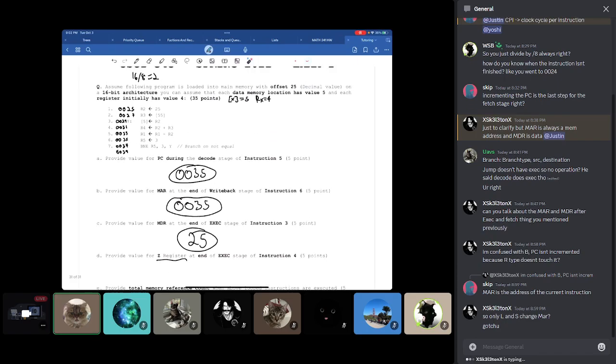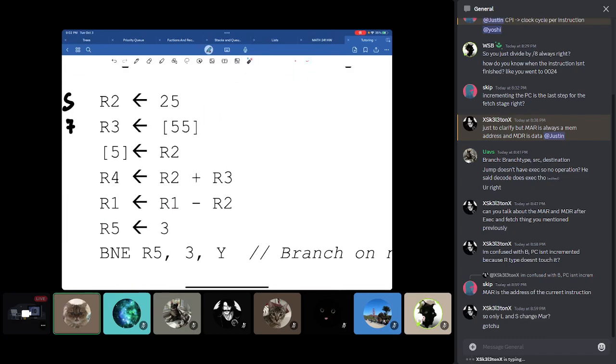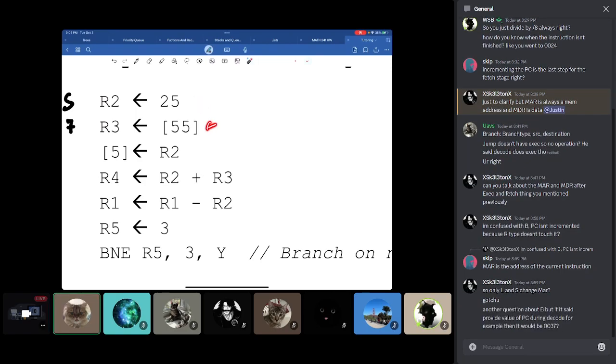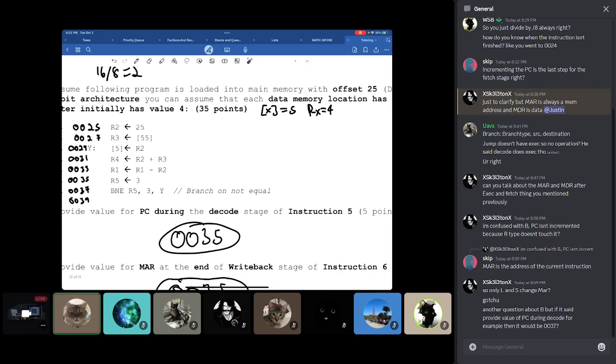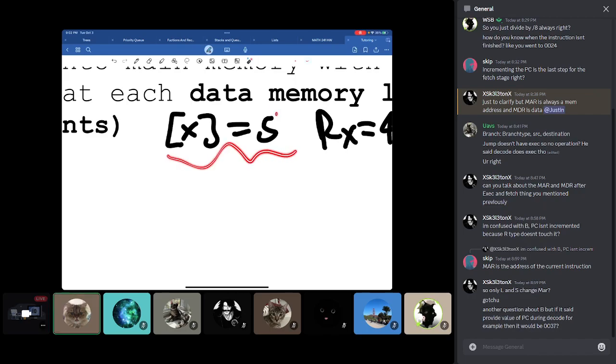So from that, we know that if we go to instruction 4, our answer is going to be whatever R2 plus R3 is, because that gets stored into the Z at the end of the exec stage. So we know R2 is 25, but we don't know what R3 is. That's 55. And since we don't know the value at the address, that means it's 5.